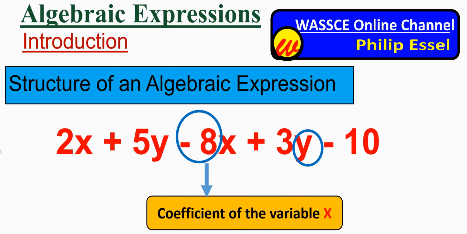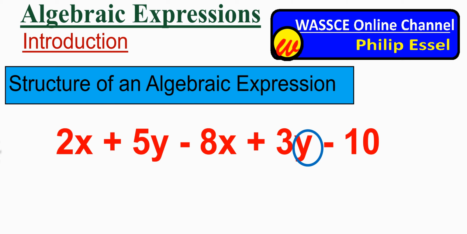And this negative 8 is the coefficient of the variable x that appears behind it. Remember, the coefficient is not just the number, it also includes the operation sign in front of it. In this case, we have a negative sign or the minus sign in front of the 8. So the coefficient is not just 8, but it is negative 8.